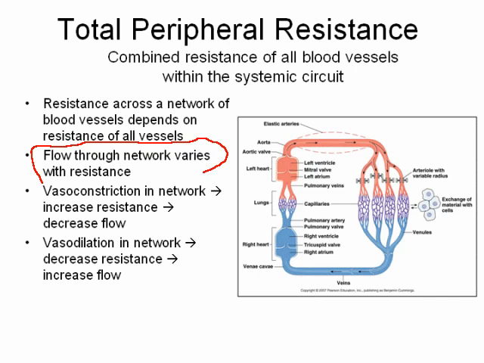And, of course, the flow through the network varies with resistance. We talked in a previous lecture about the idea that we have parallel flow. That is, the flow through this vascular bed parallels the flow through this one, as well as this one, as well as this one.